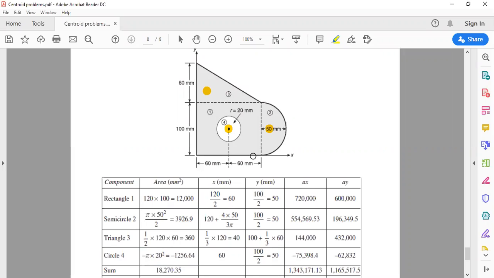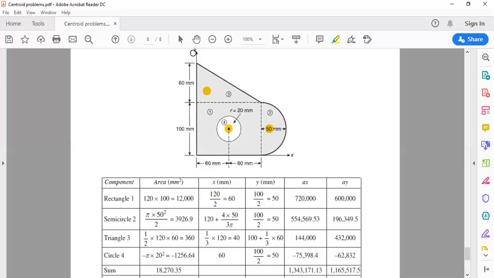So the first diagram is a rectangle. We need to write the area of the rectangle now. What is the area of the rectangle? It is 60 plus 60, 120, times 100, which is 12,000. Next, I want x bar of the rectangle.